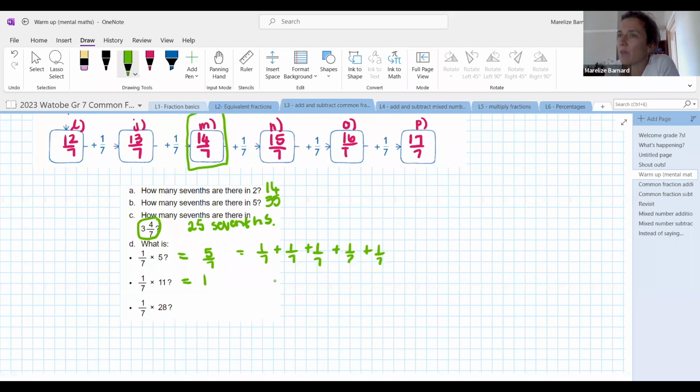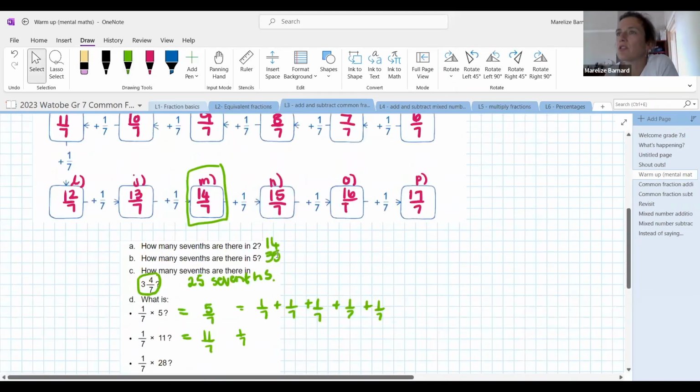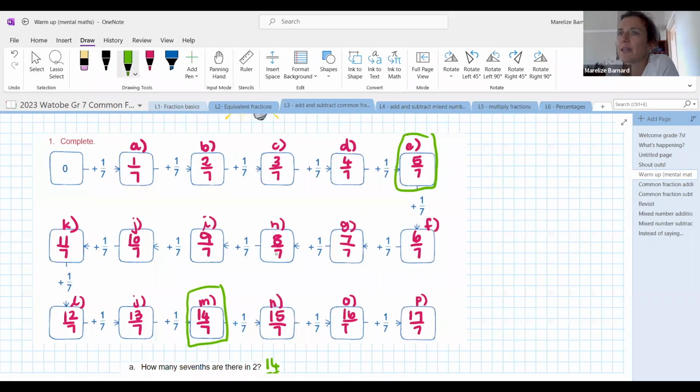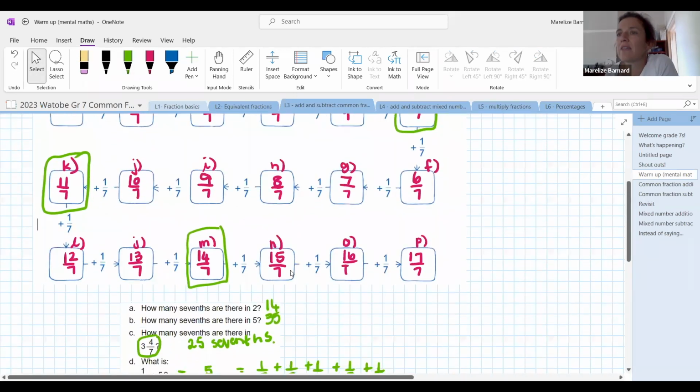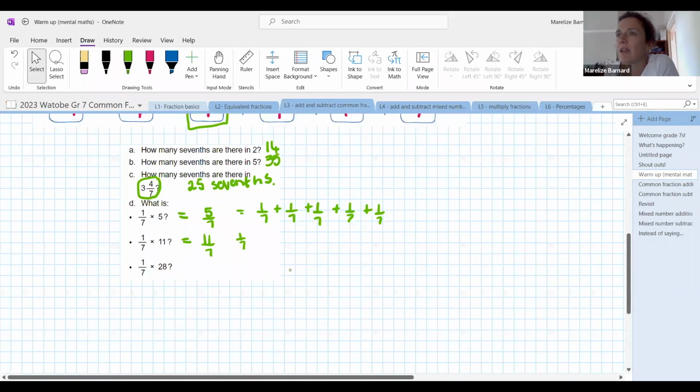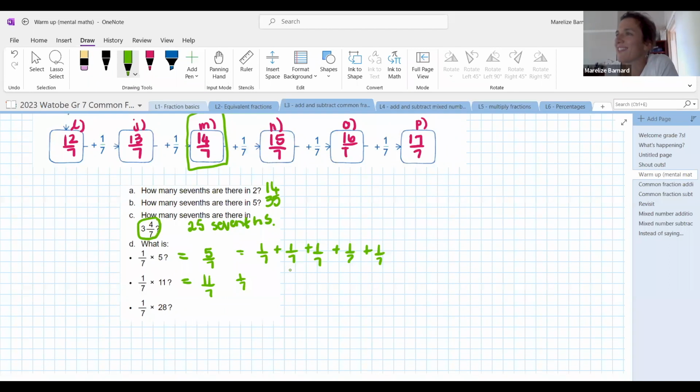That is going to give me 11 sevenths. So it's 1 over 7. Let's go to our chain. We can look for it here. 1, 2, 3, 4, 5, 6, 7, 8, 9, 10, 11. Here's 11 sevenths. So a seventh times 11 is 11 sevenths.